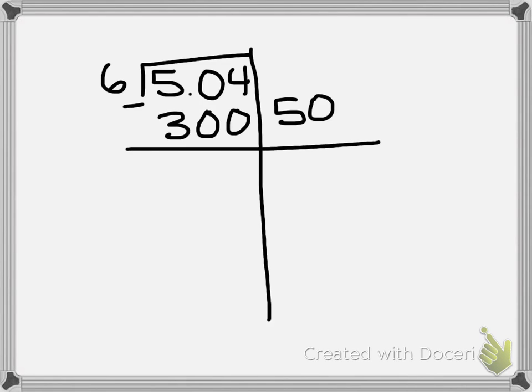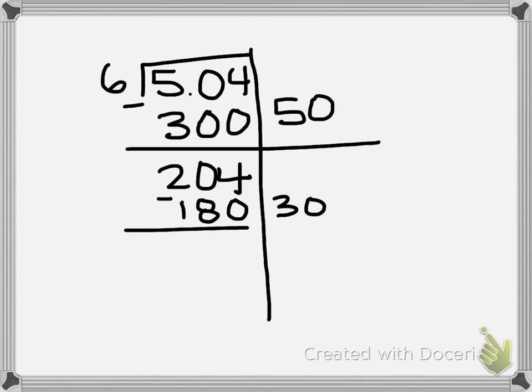All right, let's see what we have left. That's 204. Okay, now we have 6 into 204. I'm thinking, I don't know, 30 as a guess, because 6 times 30 is 180. You might be doing this differently than me in your mind, but that's okay. We're all going to get to the same place.